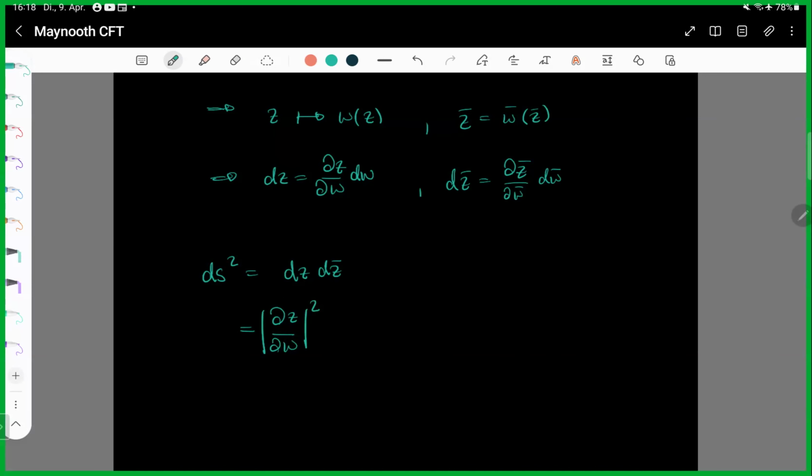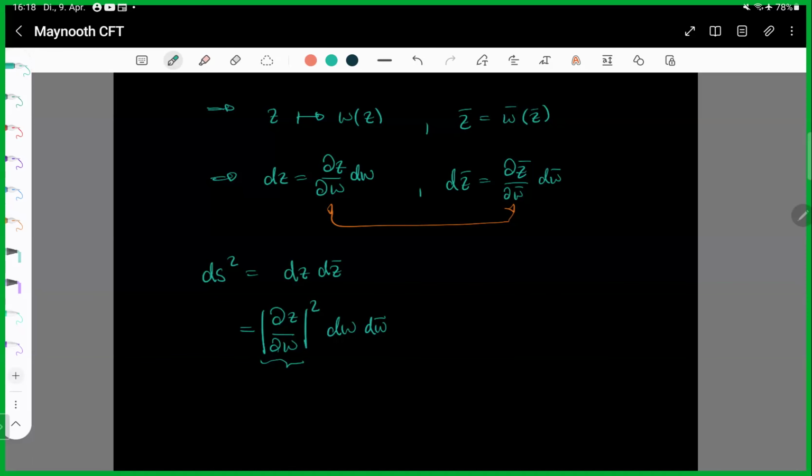Right. Okay. So for the metric, one thing that I'm going to use is that these things here are complex conjugates of each other. So you pick up the absolute value of the Jacobian of the coordinate transformation, and this is a real function.